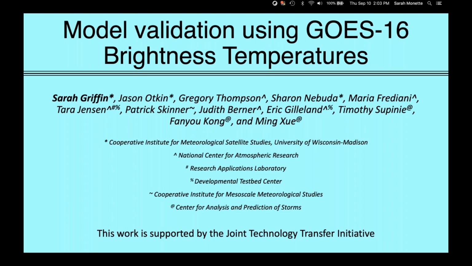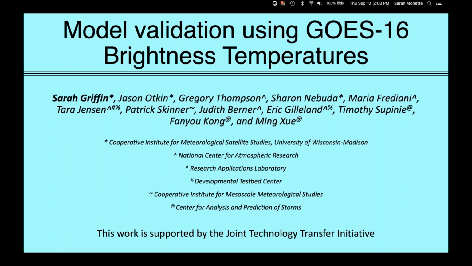But as a course of introduction, I just wanted to say that Sarah has been focused for most of her career on the use of satellite in researching tropical meteorology, as well as numerical weather prediction model evaluation. Personally, I've worked with both she and her colleague Jason Otkin for quite a few years now on the use of the model evaluation tools for evaluation of convection allowing models, such as the HRRR.